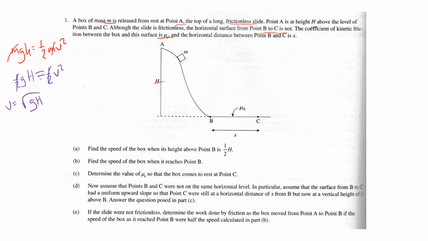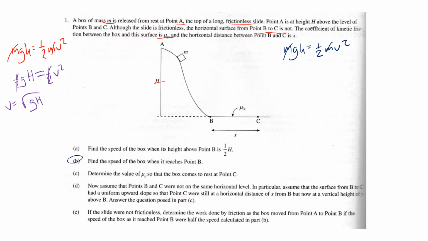Easy. Okay, so now let's look at part B. Find the speed of the box when it reaches point B. Well, it's the same kind of thing. So let's do it over here. We have mgH is equal to 1/2 mv squared.